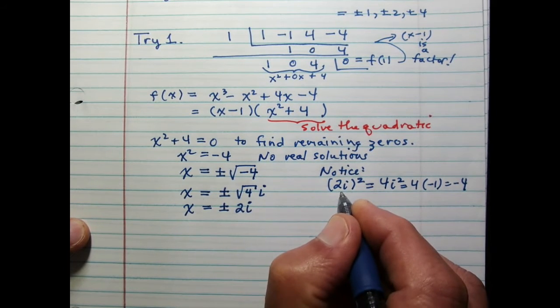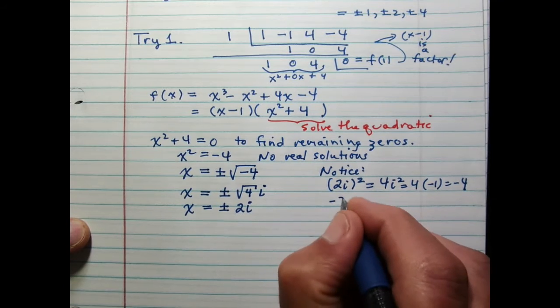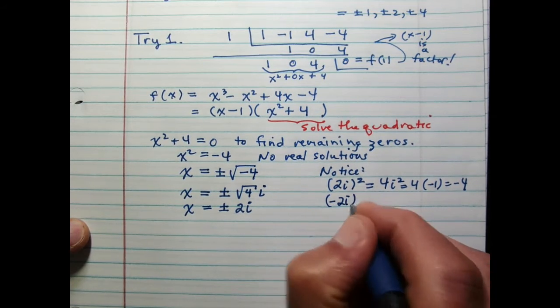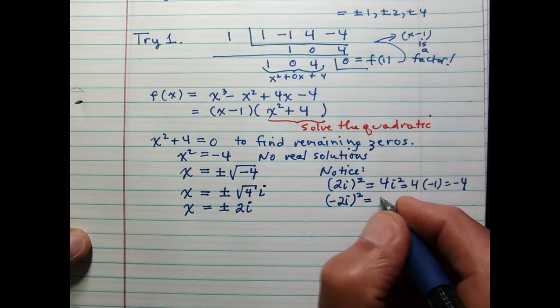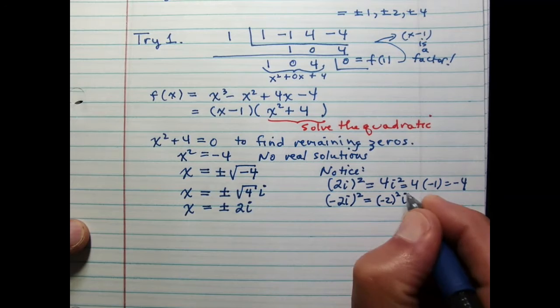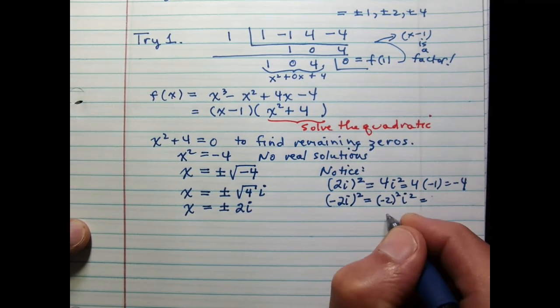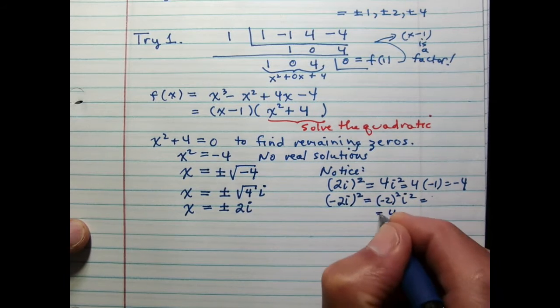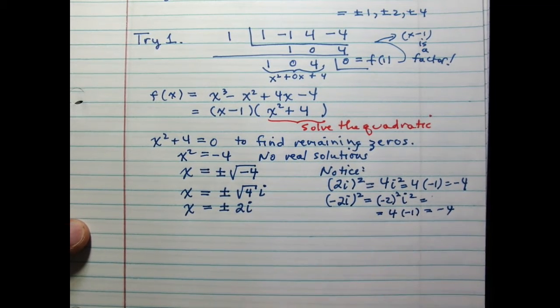So 2i is a square root of negative 4. If I square negative 2i, I get negative 2 squared i squared, which is positive 4 times negative 1, which is negative 4 also. That's the other square root.